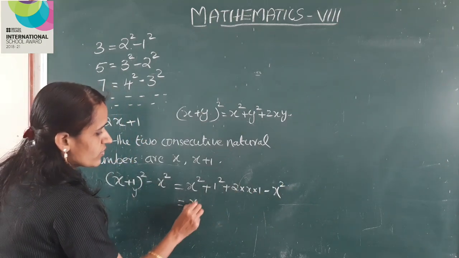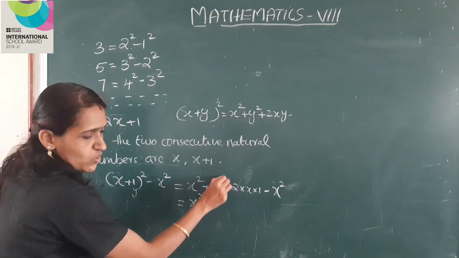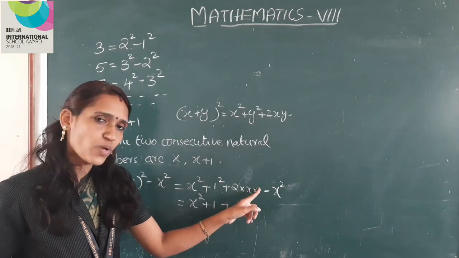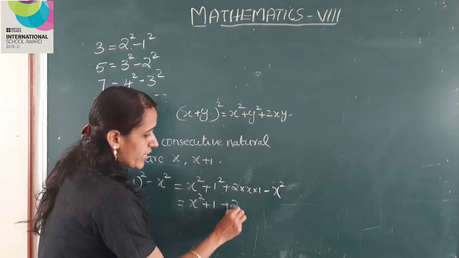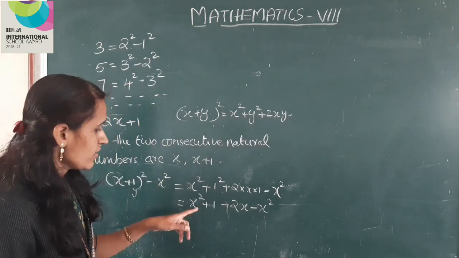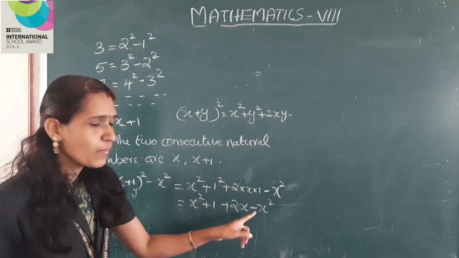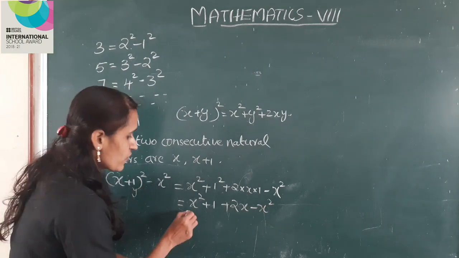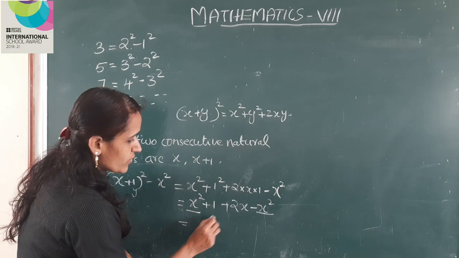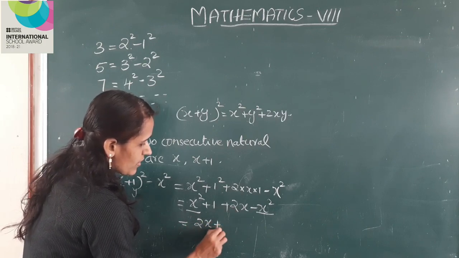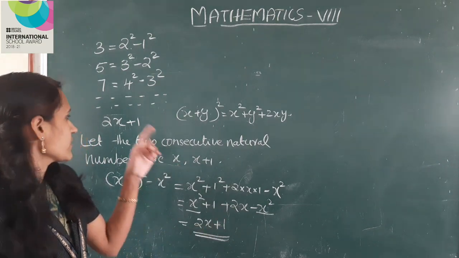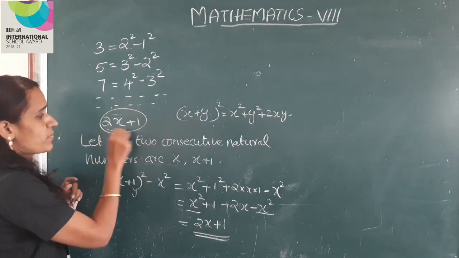This is equal to x square plus 1 plus 2x minus x square. Then x square minus x square, the sum of these two terms is 0. This is equal to 2x plus 1. So 2x plus 1 is the general form of an odd number.